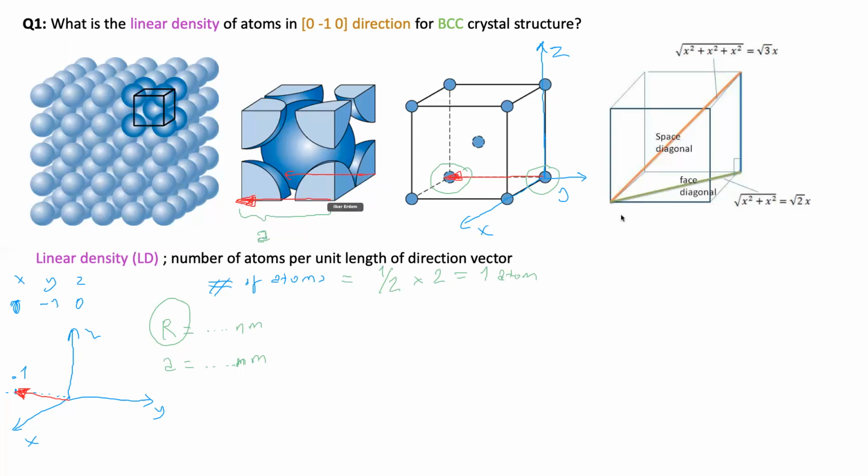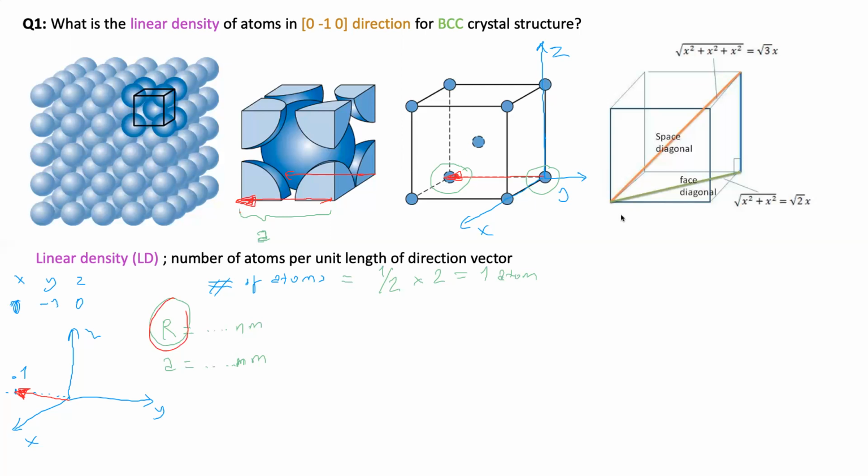Now we know that the length of the unit vector is equal to A. But I will try to relate it with R, because I need to write everything in terms of R to cancel the units, since I'm not given any numeric value like nanometers for the radius or diameter of the atom. So how can I relate A with R for the BCC crystal structure?